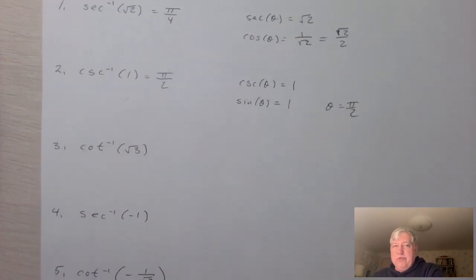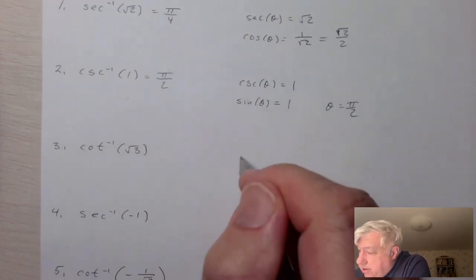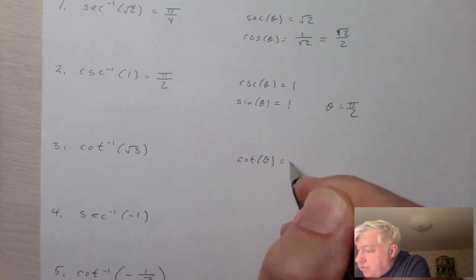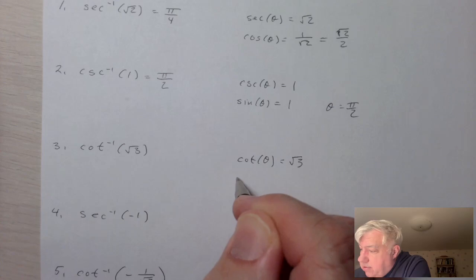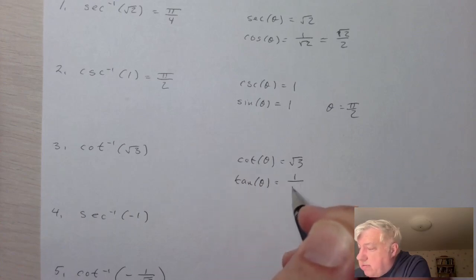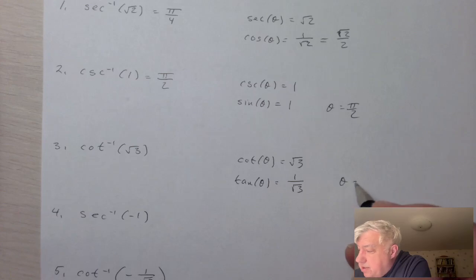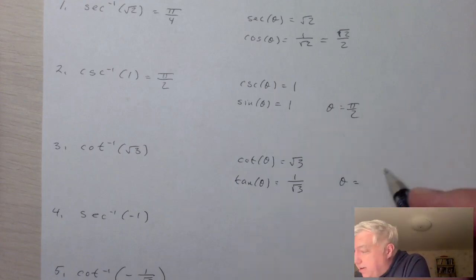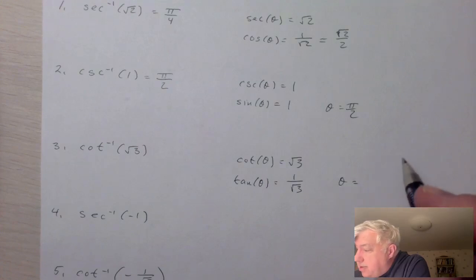For the inverse cotangent of square root 3, we want the cotangent of theta to be equal to the square root of 3, or the tangent of theta to be equal to 1 over the square root of 3. So theta is pi over 6, that's 30 degrees.